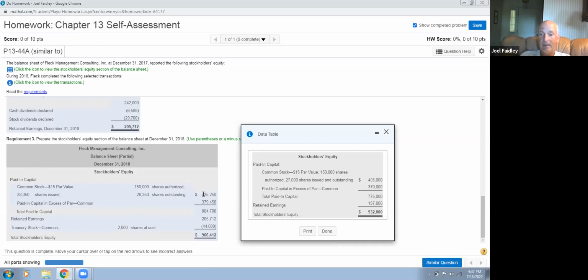All right, there's my 405 plus whatever that journal entry was up there for the stock dividend, right? Paid in capital as well. There's my retained earnings we just calculated. And there's my 44,000. So that's a good exercise. Kind of pulls everything together, doesn't it?